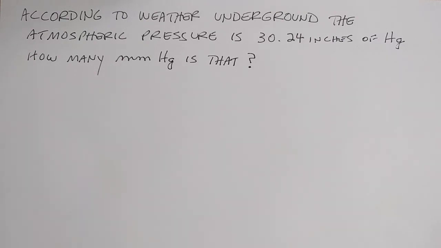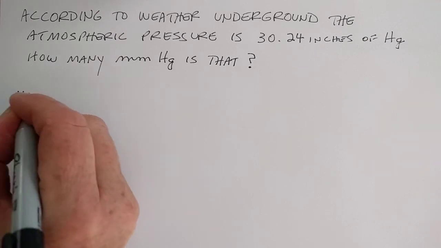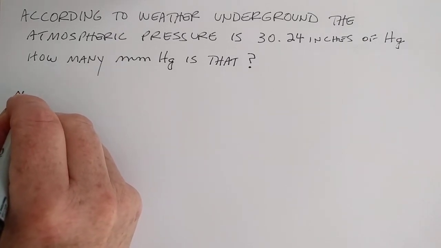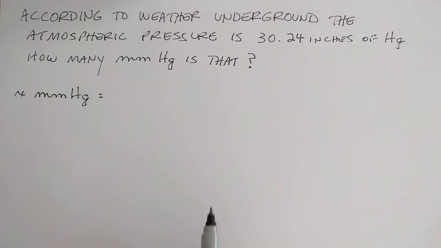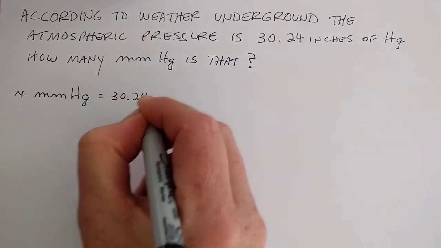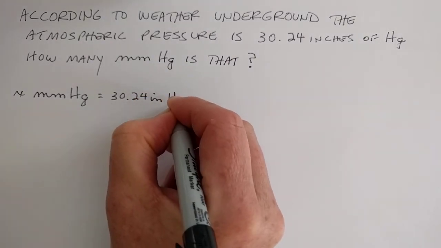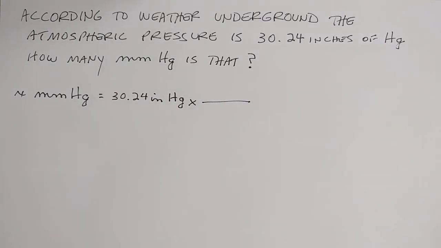So we're just going to use dimensional analysis. So our question is, how many millimeters of mercury? So that's our X. So X mmHg. Set that equal to our quantity of interest, 30.24 inches of mercury. Multiplication sign and crossbar.